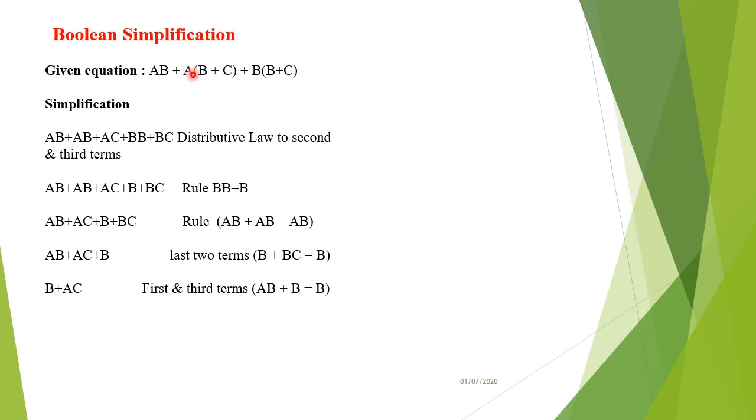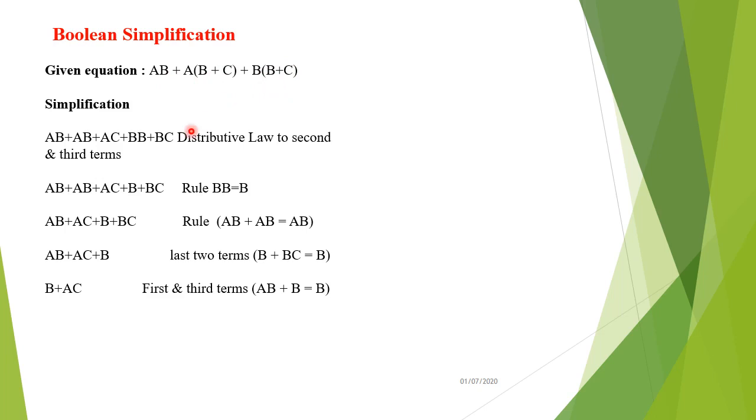Here, the A ANDing operation will be distributed over this ORing. In the same way, the B ANDing operation will be distributed over this particular bracket. So the result will be AB, A ANDed with B distributed, then A ANDed with C, then B ANDed with B and B ANDed with C. Here, for the second and third terms, we have applied the distribution law.